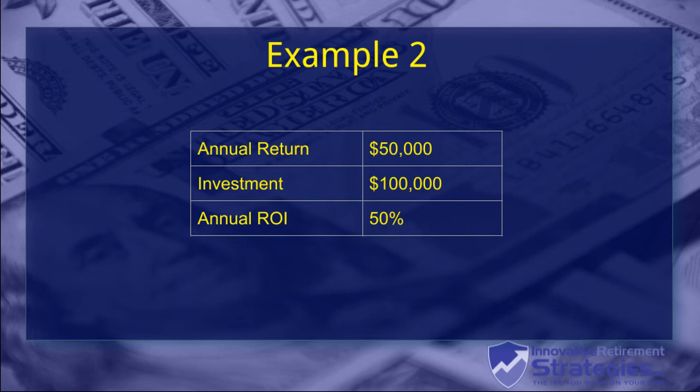But in this case, once we plug the numbers into the return on investment formula, we've got a $50,000 return divided by a $100,000 investment. Remember, $400,000 of that money came from the bank. So there's $500,000 total in the deal, but the investor only has $100,000 of his own money. So $50,000 divided by $100,000 gives him an annual ROI of 50%.